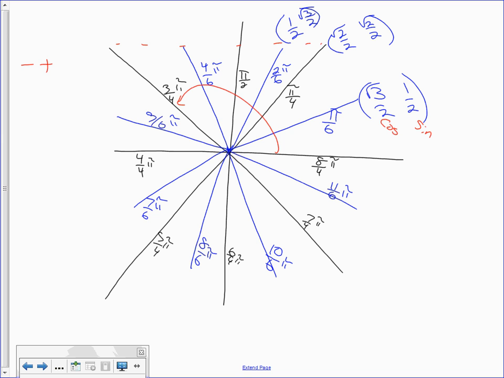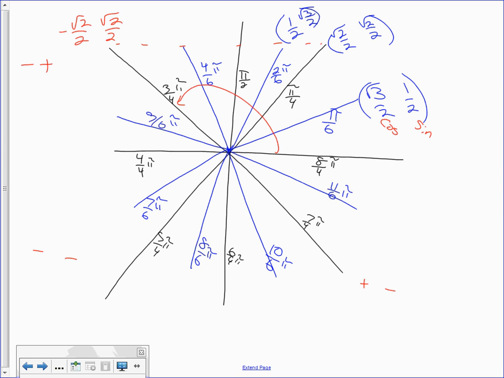It's just negative and positive, so it's negative root 2 over 2, and root 2 over 2. So what's the sine at 3 pi over 4? Root 2 over 2. In the third quadrant, they're both negative. In the fourth quadrant, it's positive, negative. It's just a matter of figuring out which reference angle it is and spinning through it.